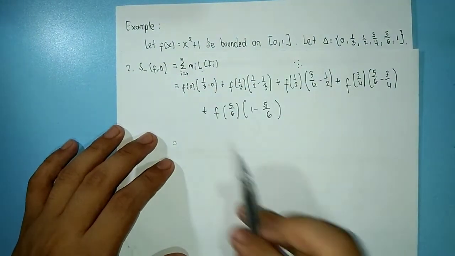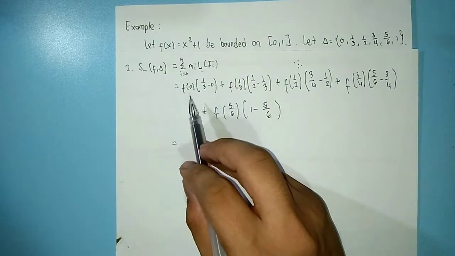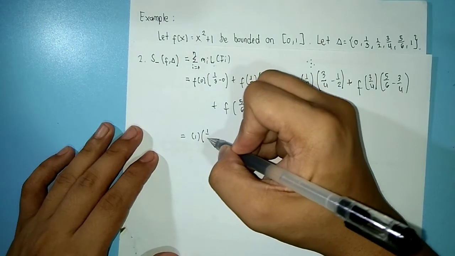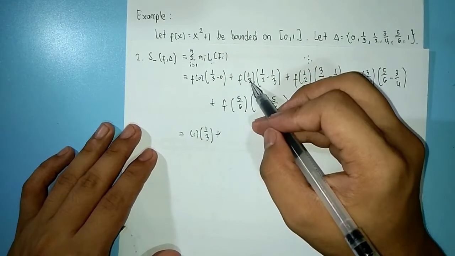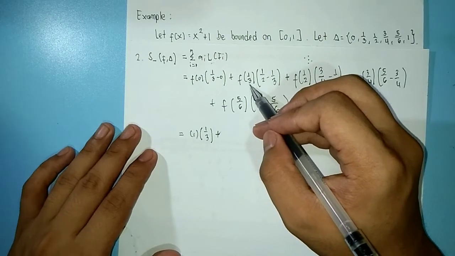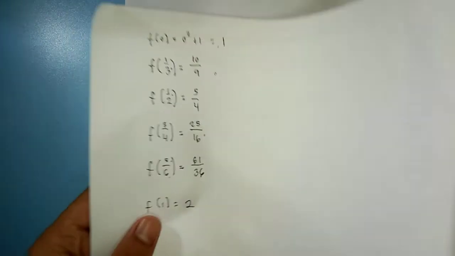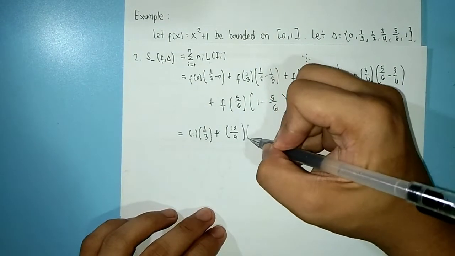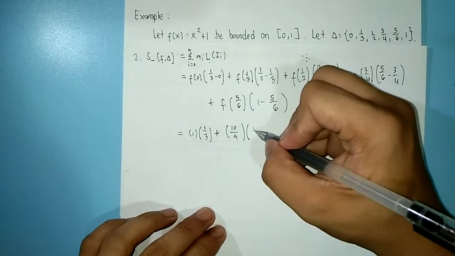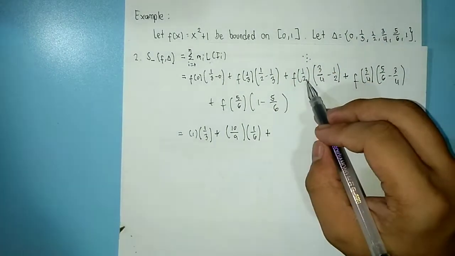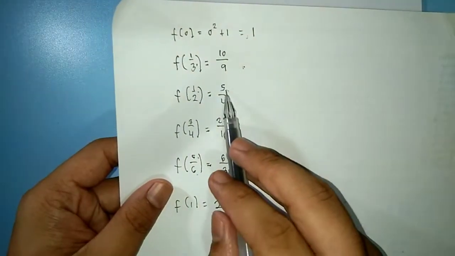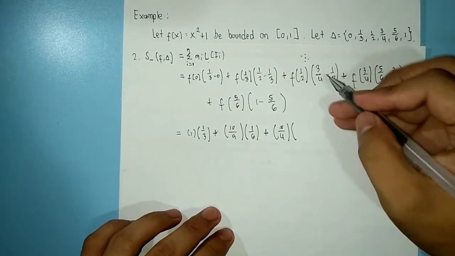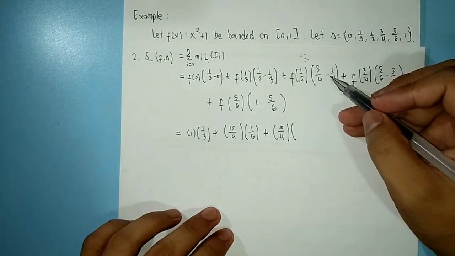This is equal to, what is f of 0? F of 0, that is 1. Okay? 1 times 1/3 plus f of 1/3, that is 10/9, times 1/2 minus 1/3, 1/6 yan, no? Plus f of 1/2, that is 5/4. Then 3/4 minus 1/2, that is 1/4, no?